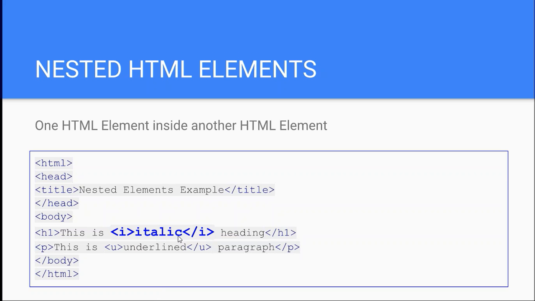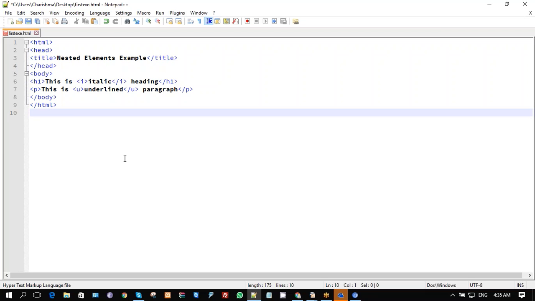italic form. So let us try this example in the notepad, and let's try to run it in the browser and see the result. And this is the code here, and I'll explain the code again. We put this code with the title nested element example, and this title is in the head part, and then the body part starts here and the body part ends here, and we have the H1 heading here.